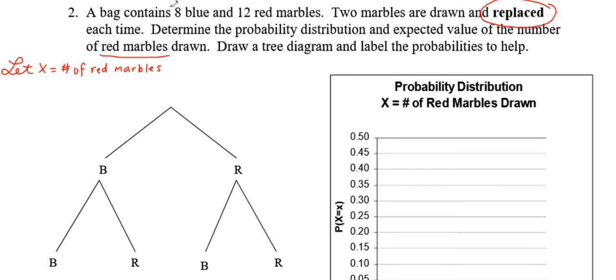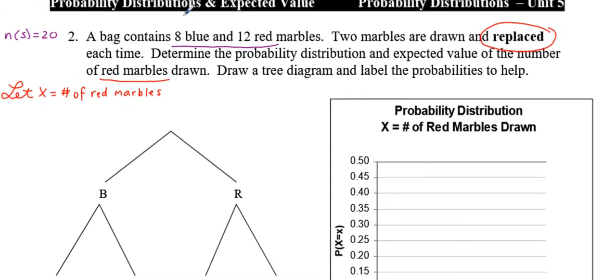So there's 8 blue and 12 red marbles, so that means the number of marbles in the sample space is equal to 20. So if there's 8 blue, the probability of drawing a blue is 8 in favor out of a total of 20. And the probability of drawing a red marble is 12 favorable marbles out of a total of 20.